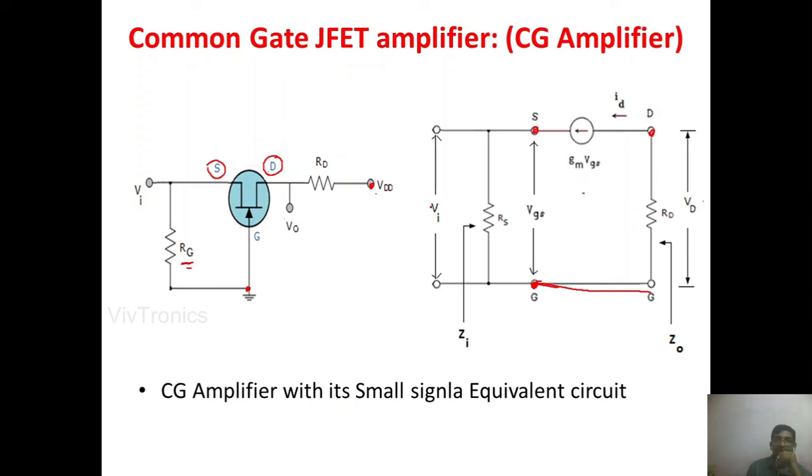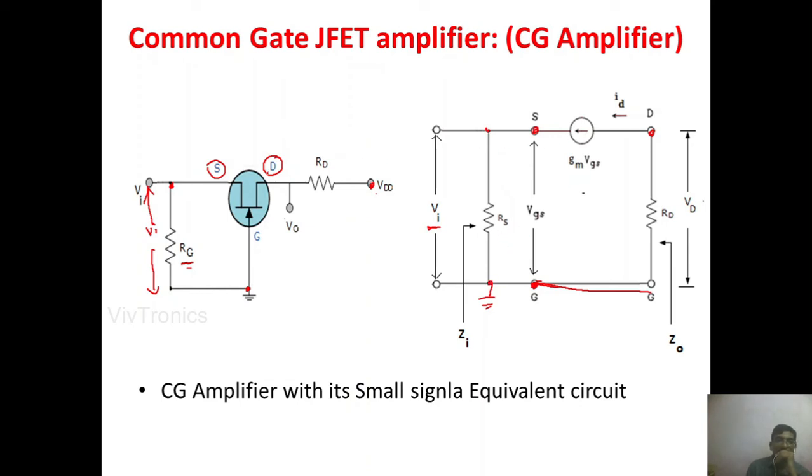We have applied the Vi voltage between ground and the source terminal. There is a resistance RG, which may also be called RS because it is connected from the source terminal to the ground terminal.